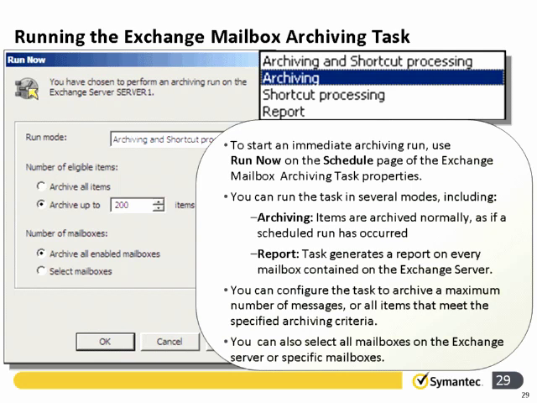You can go in there and look at those particular reports. Also, when you are selecting the run mode, you can specify the number of the eligible items. You can have it archive all the items in a mailbox, or you can select a certain number. Also, you can specify whether you wish to archive all of the enabled mailboxes, or you can pick a specific mailbox to run it on as well.